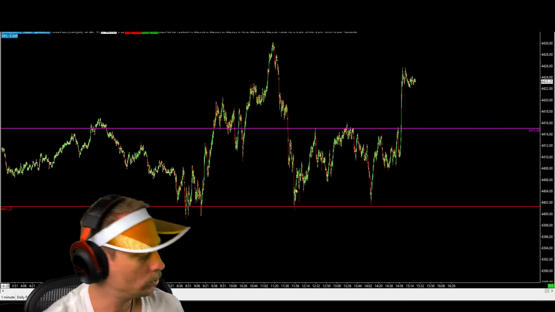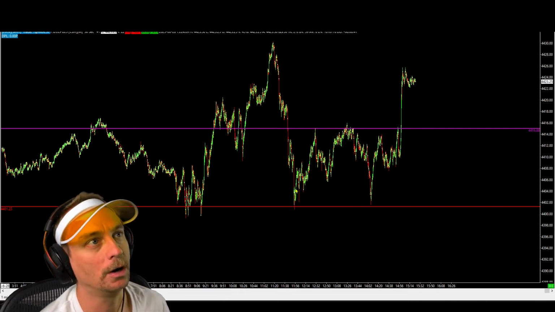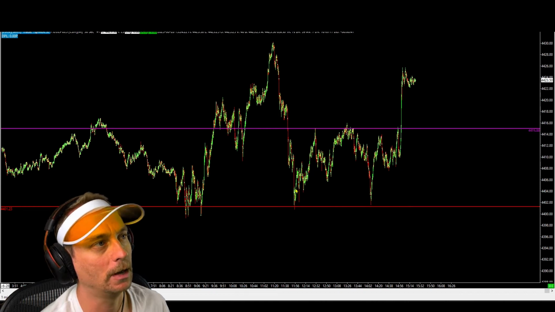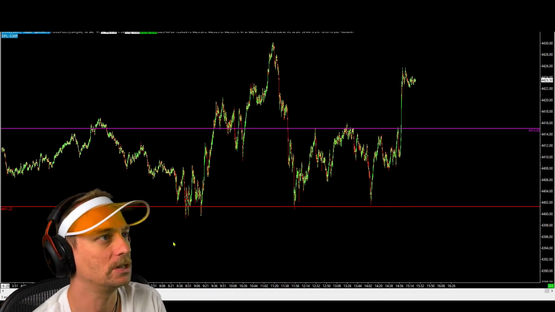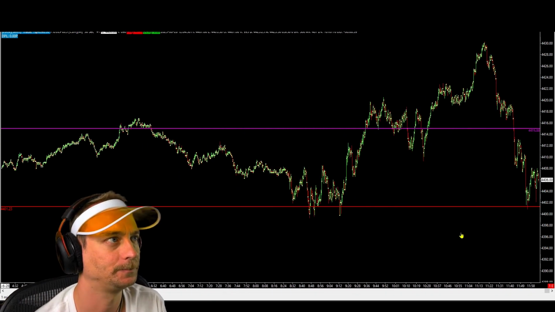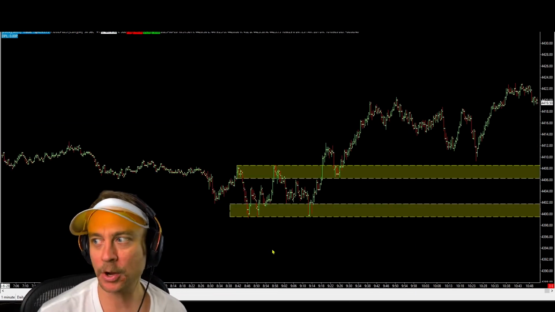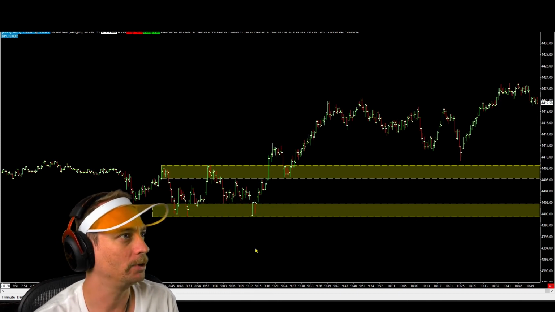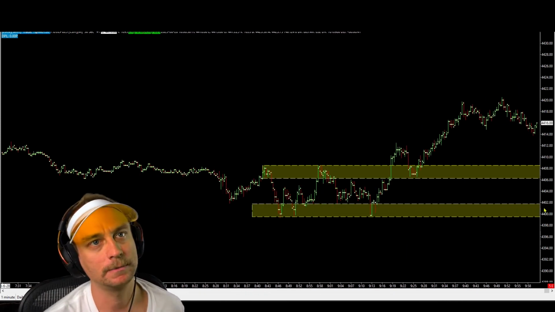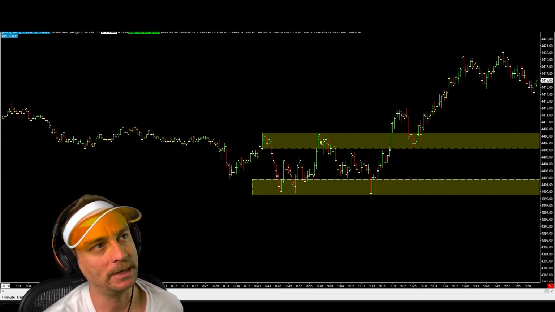So if you're trying to trade anywhere, I'm going to draw a box around the range. Actually, let's use this range over here because it is a bit cleaner. So once I know that there's probably an established range, and I'm going to zoom in on this, the top of the range would be the top of the yellow box.